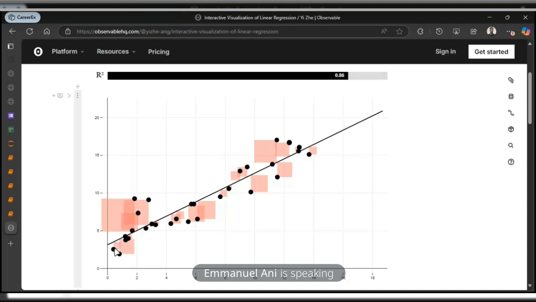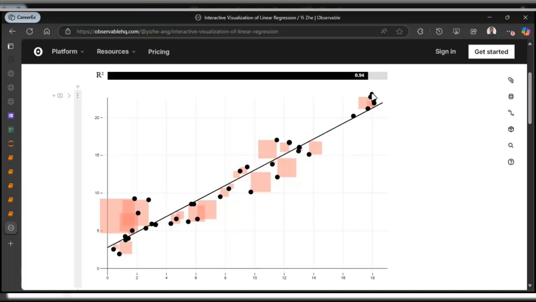You can see that the R square here is increasing. So basically, this line just tells you everything that you need to know. Let's see where the best line is. 92, 93, 94. That's the problem. I can't get the slope.